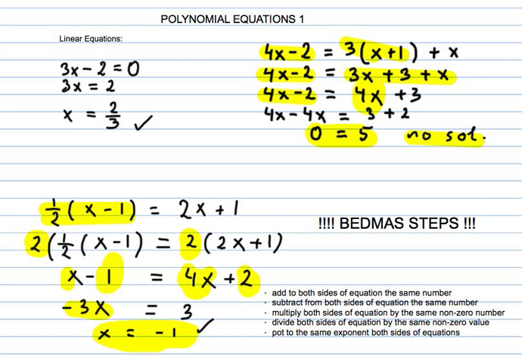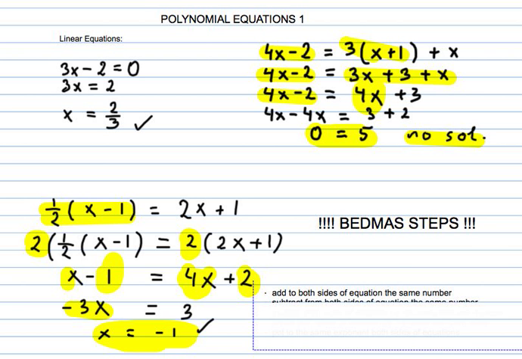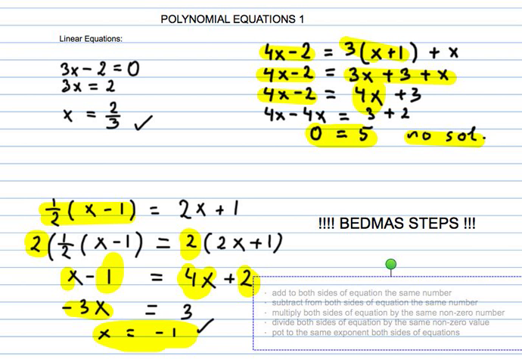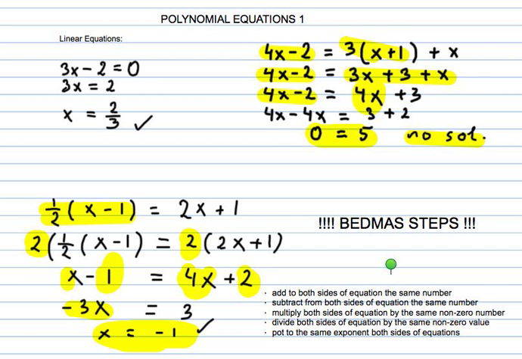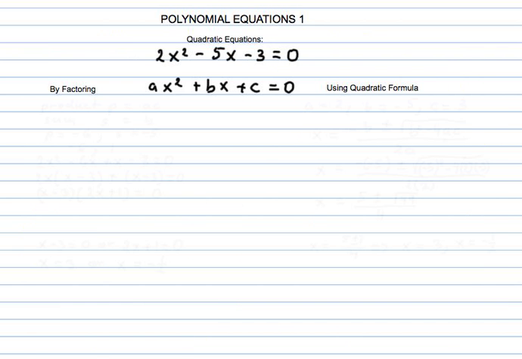And you can put both sides of the equation to the same exponent, and there is a spelling mistake, and you know that we can fix this, and it meant to say put, P-U-T. Okay, so in the next example we'll focus on quadratic equations.